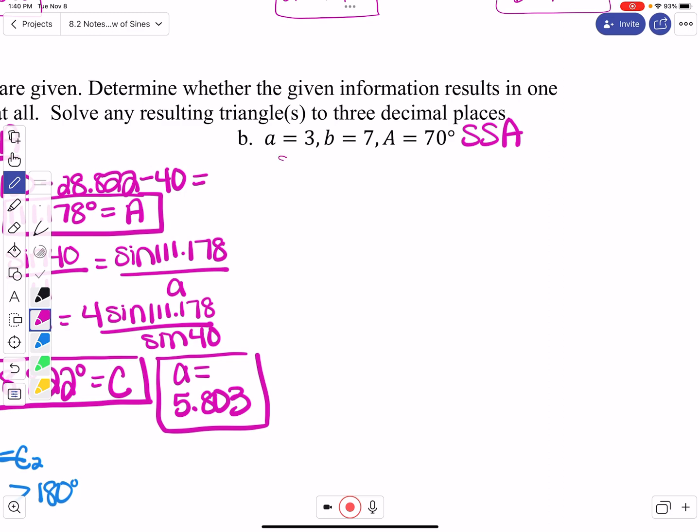So if I take sine of 70 over 3, I have to find B first. That's the only option I have, okay?